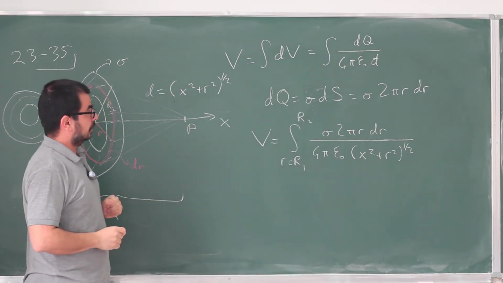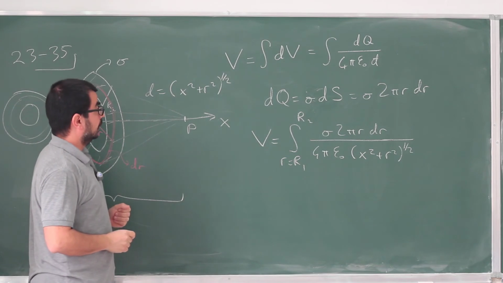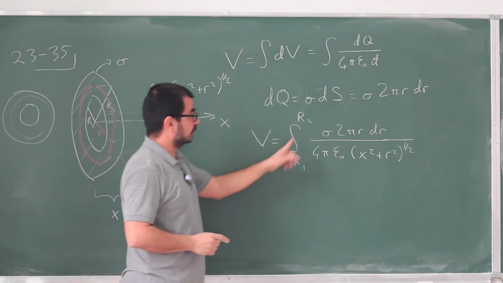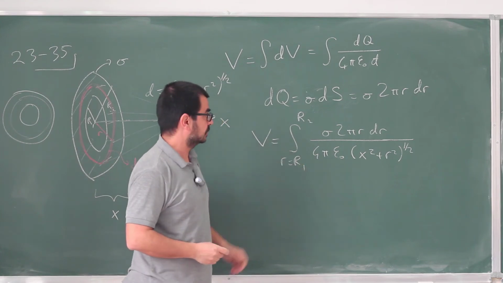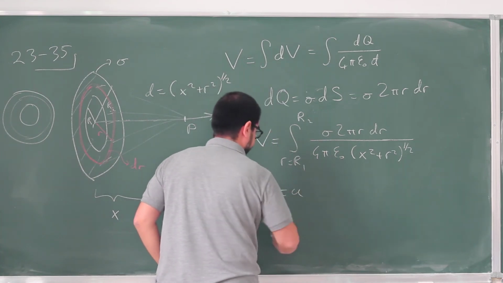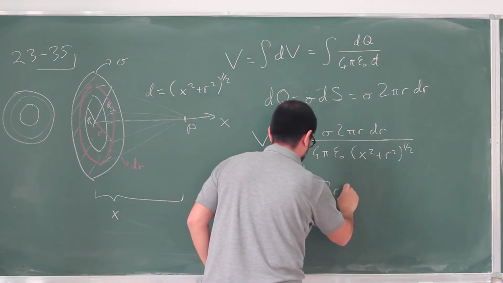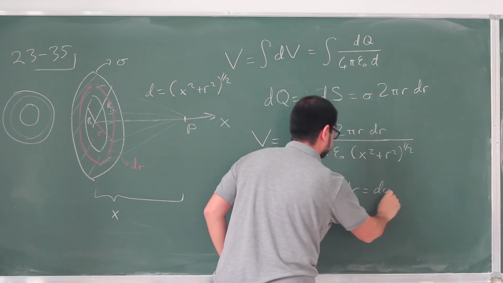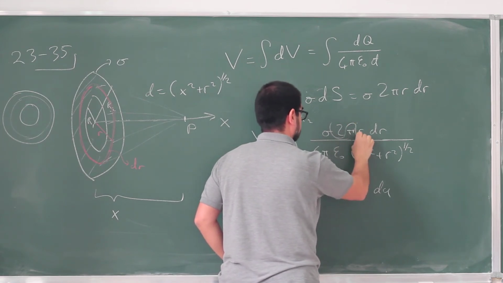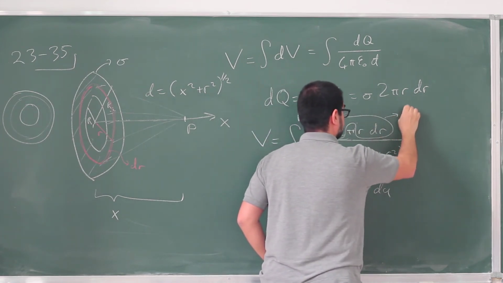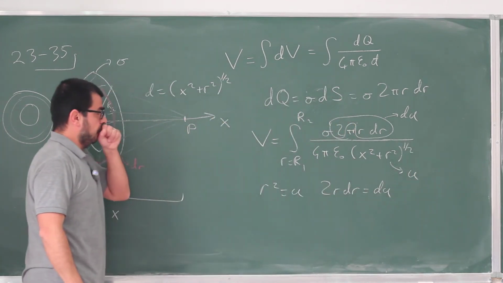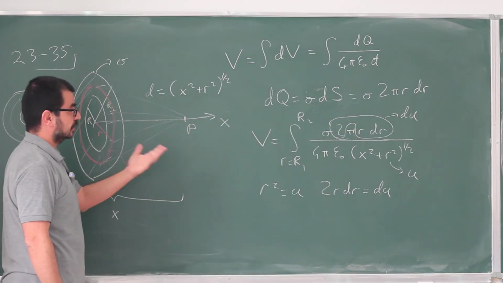And this integral can be done, and that's probably what they mean by substitution of variables. The easiest way to take integrals like this is to make a substitution of variables. You call r squared u, then 2r dr is going to be du. So then the integral becomes simpler.